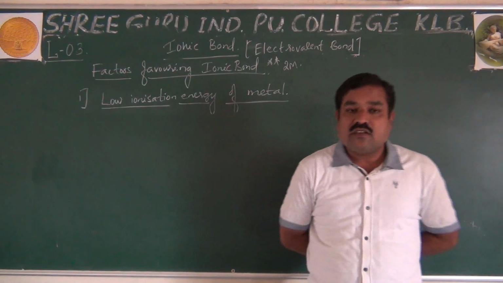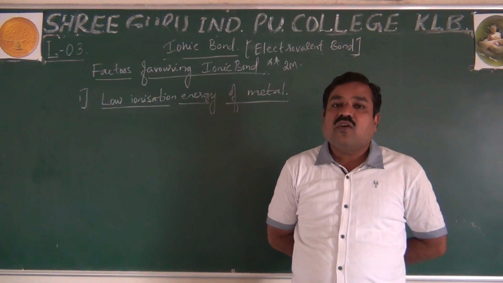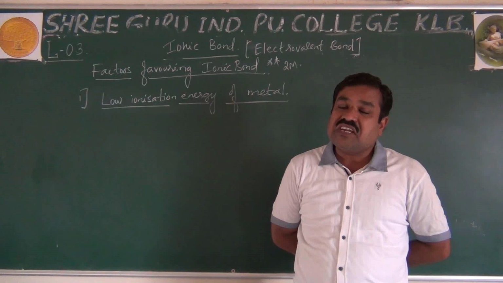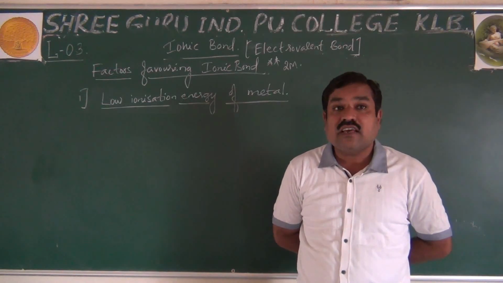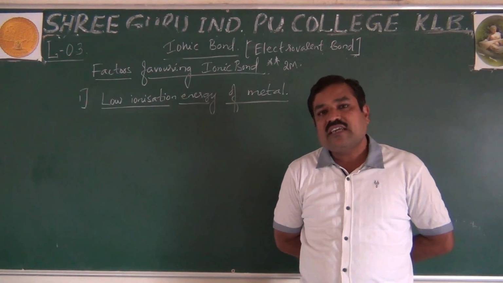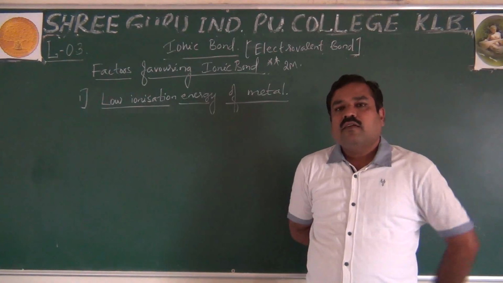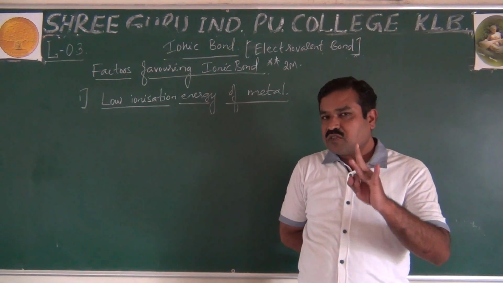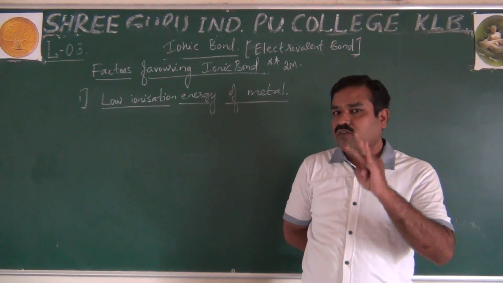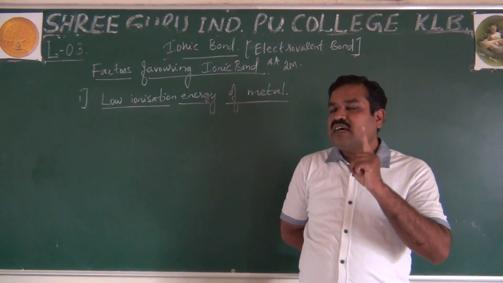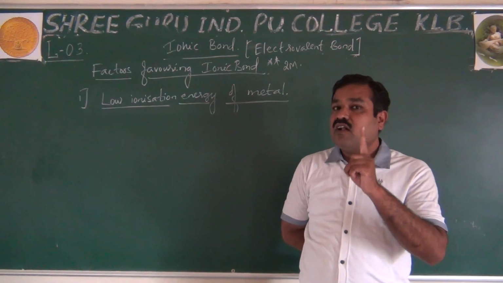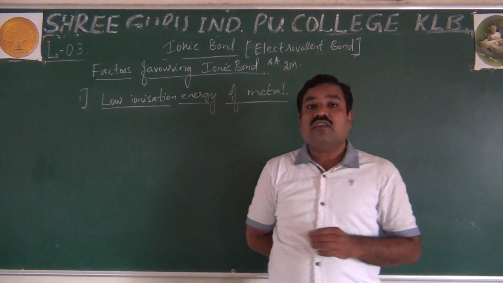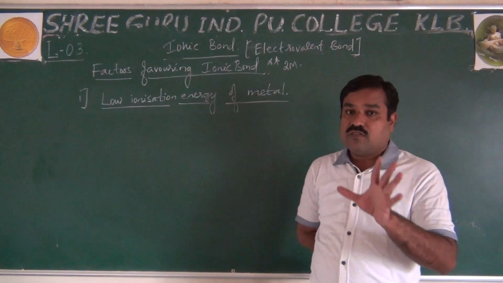So, the energy required to remove the electron from an isolated gaseous atom so as to convert it into a cation is called ionization energy. I am stressing the word cation: whenever any element loses an electron, it forms a positively charged ion called a cation.